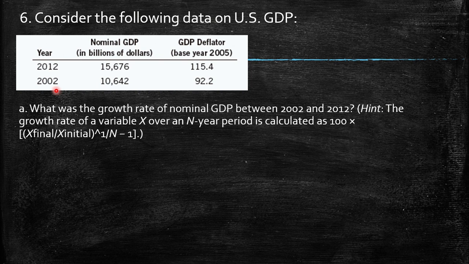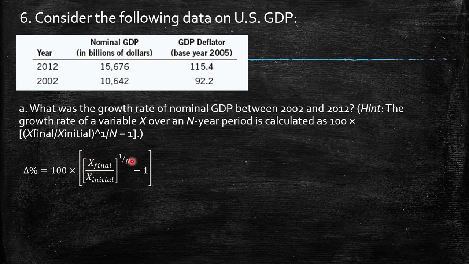So we're going to make a different computation. The percentage change should be x final, the final year, over the initial year, and this is elevated to 1 over n.